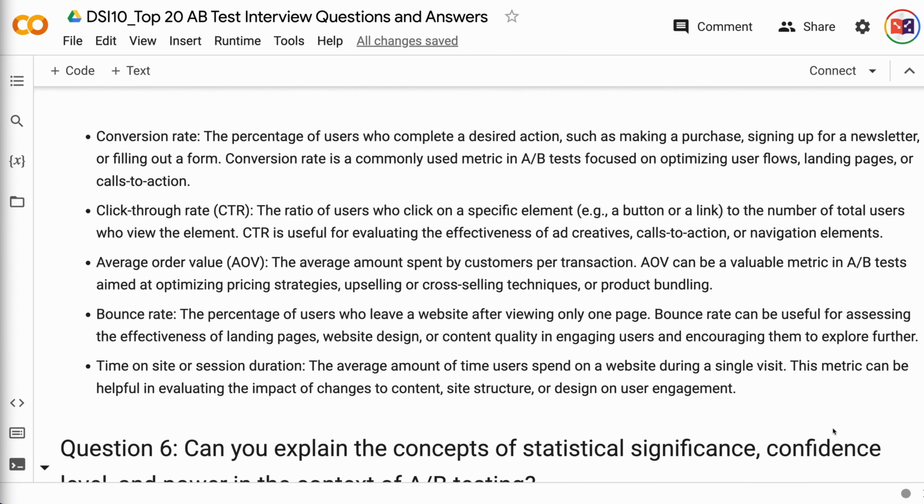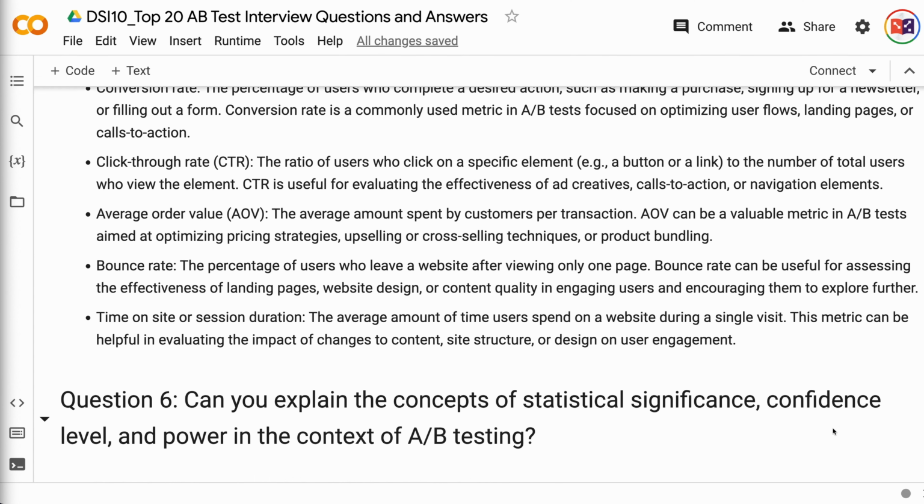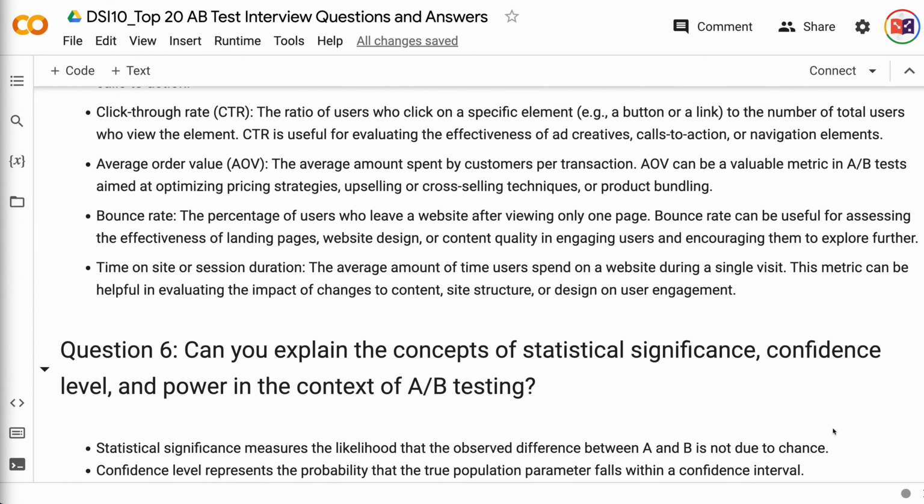3. Average order value, the average amount spent by customers per transaction. AOV can be a valuable metric in hypothesis testing aimed at optimizing pricing strategies, upselling or cross-selling techniques, or product bundling. 4. Bounce rate, the percentage of users who leave a website after viewing only one page. Bounce rate can be useful for assessing the effectiveness of landing pages, website design, or content quality in engaging users and encouraging them to explore further. 5.